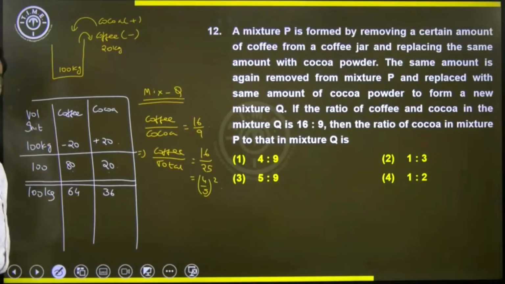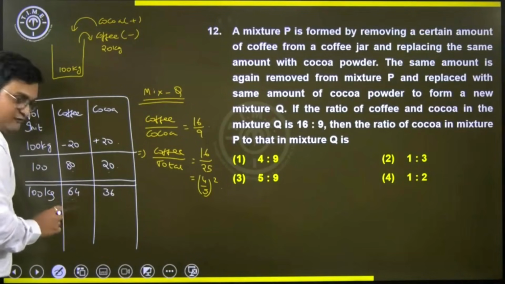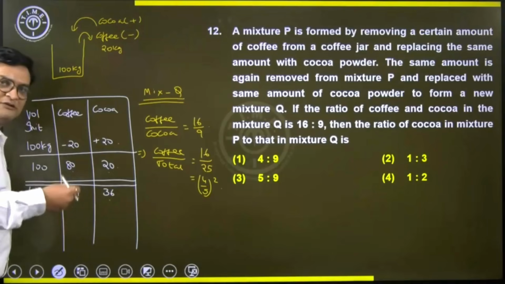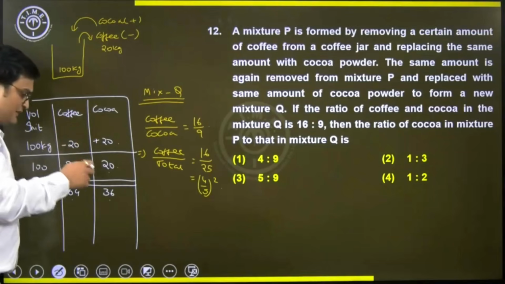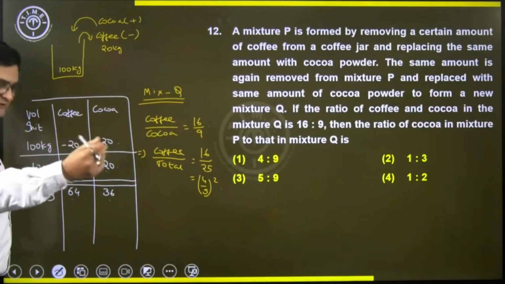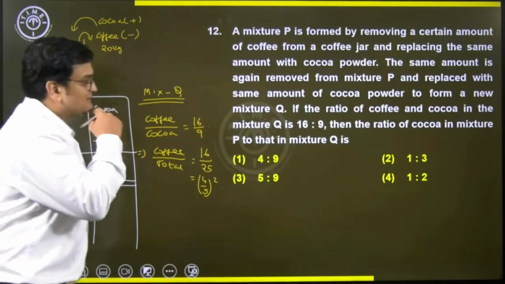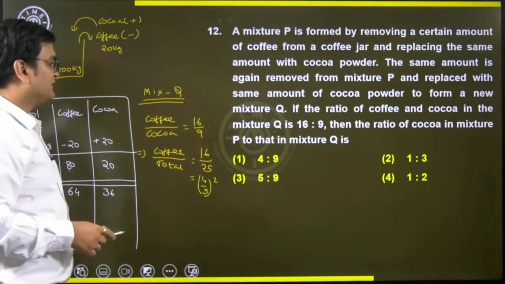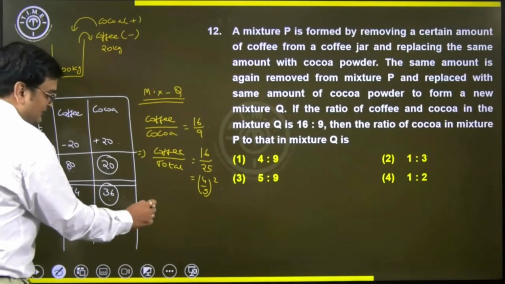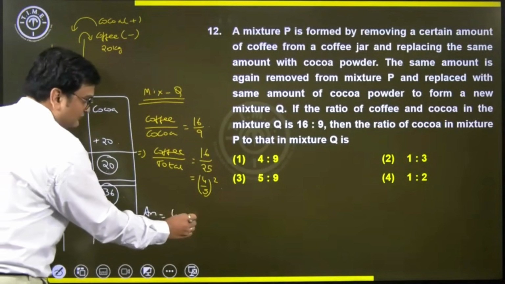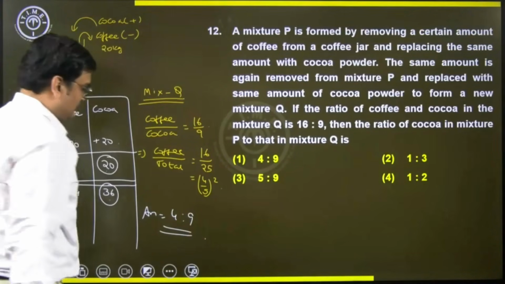So that means after the second iteration, this is the quantity of coffee in the mixture, this is the quantity of cocoa powder in the mixture. This is the quantity of coffee in the mixture after the first iteration and quantity of cocoa powder after the first iteration. Now what is he asking us? Ratio of cocoa in the mixture P to the mixture Q. So he's asking us basically the ratio of these two. So can I say clearly my answer is 4:9, right?